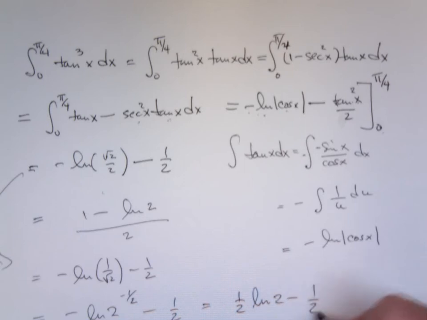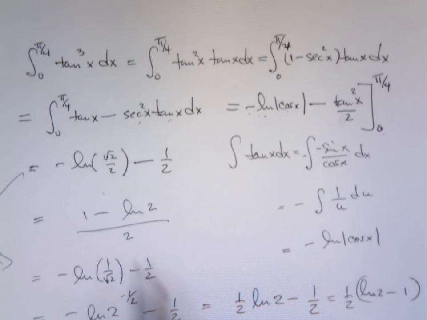How did you do that? Now I'm going to get 1/2 natural log of 2 minus 1. I got it the other way around. And I thought I was right because you're going to get a negative number here. Wait a minute. No, I think you're right.